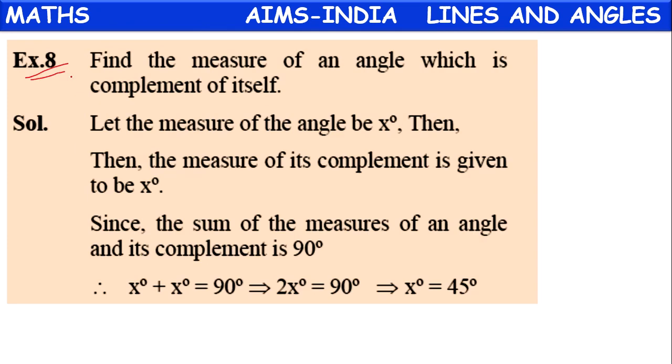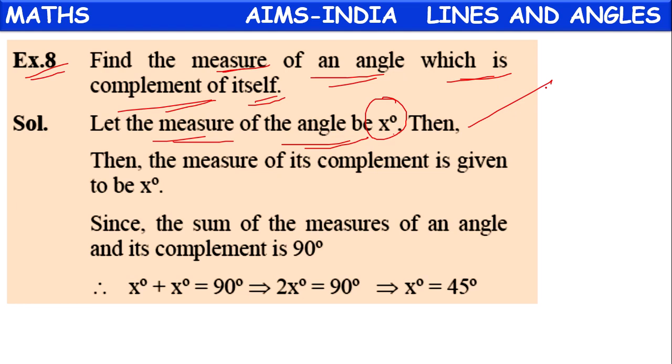Next one, example 8. Find the measure of an angle which is the complement of itself. Let the measure of the angle which is the complement of itself be x degrees. So the measure of its complement is also x degrees, because the angle and its complement are both the same, like they are telling.